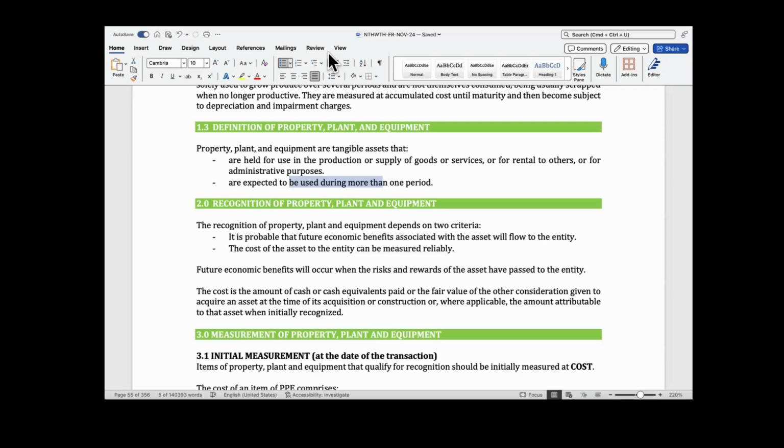Good question. Yes, sir, I'm with you. Please go ahead. Okay, thank you. From the example you raised about the stapler, it means that every other item that meets the definition of PPE, but because of its immaterial amount, should be expensed.